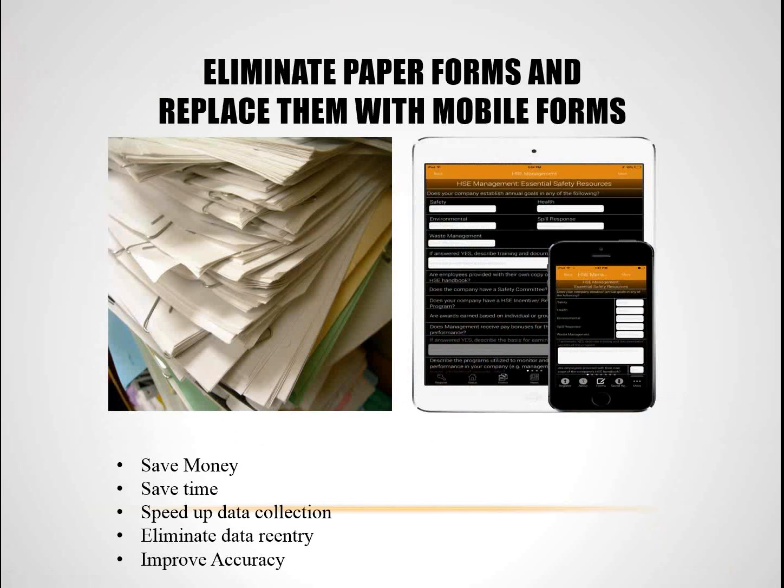Nothing could be more frustrating, right, than to try to figure out somebody's handwriting. When you do these forms electronically inside the app, the whole process becomes so much quicker and easier, right? So one of the first places where people start is just really identifying the areas where paper forms can be replaced with mobile forms inside the apps.